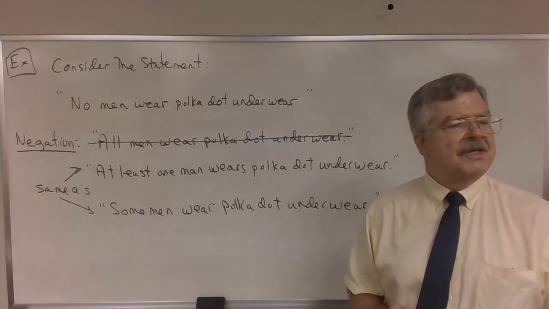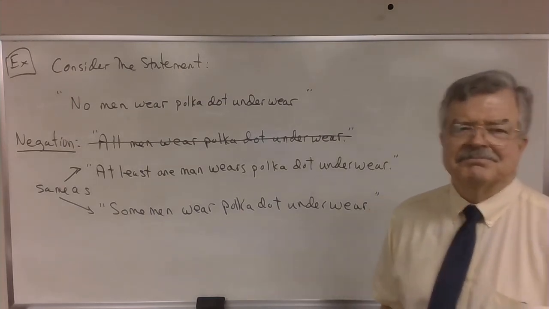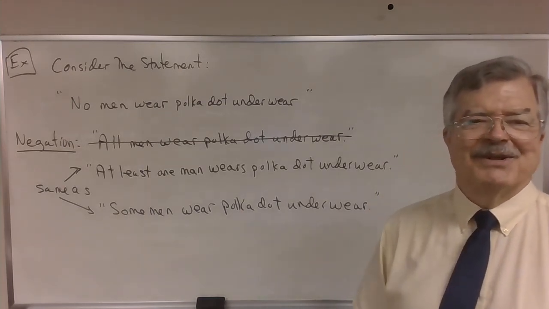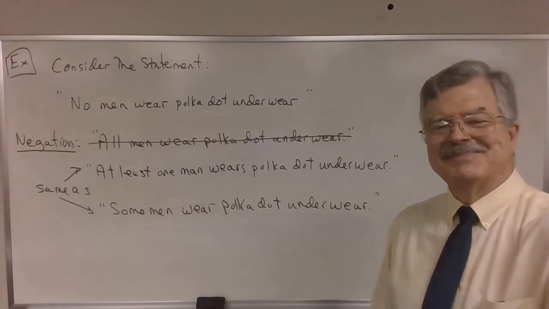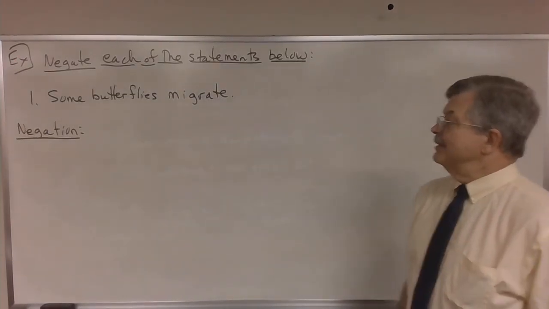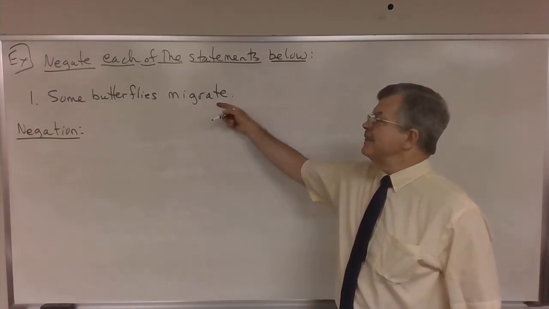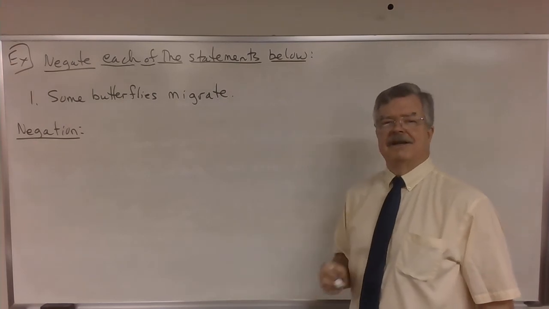So I guess the thing to do now is just do a bunch of examples. You were looking forward to that, weren't you? Okay, first example. Negate each of the following statements below. Some butterflies migrate.